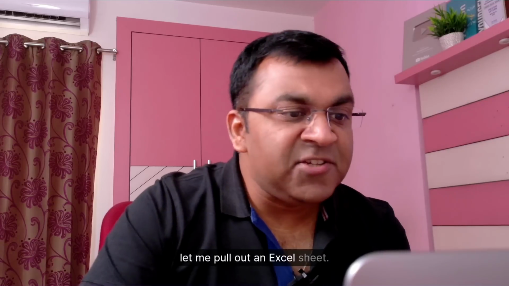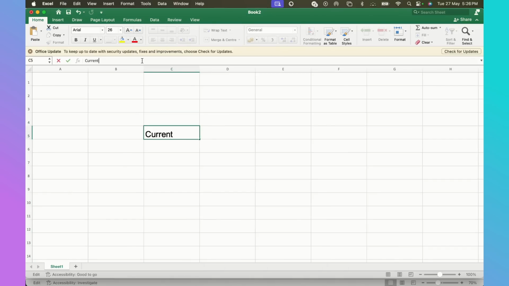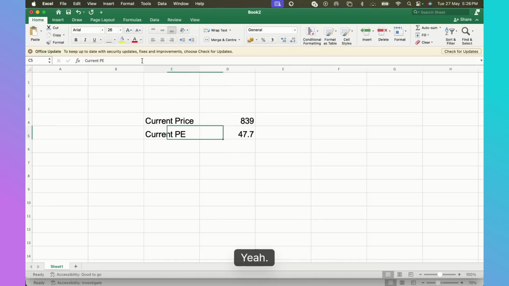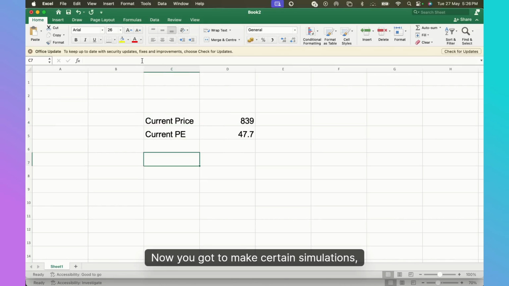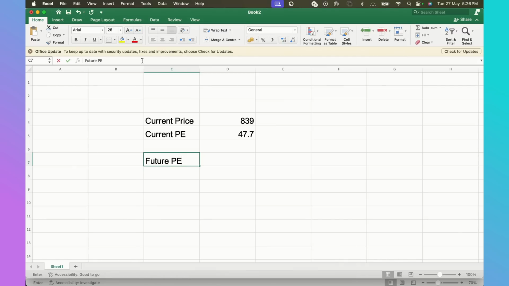Okay, let me pull out an Excel sheet. So the current PE ratio is 47.7. Your current price, how much was it? 839 or something. Yeah. Now you've got to make certain simulations, right? So we have to estimate what the future PE ratio will be.